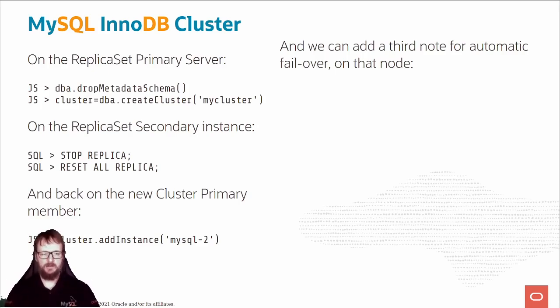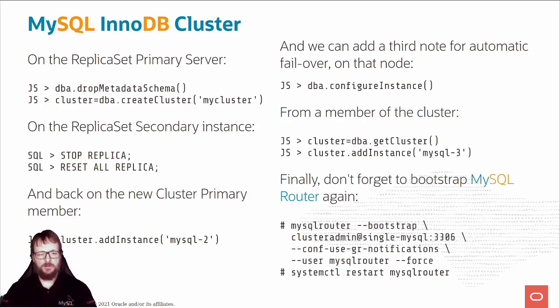And then on the primary node, where we have the cluster object we created, we add the previous instance. We do add instance MySQL 2, and it's added. And now on the third machine, a new machine we just installed, we do configure instance, get cluster again on one of the machines where we have the cluster, and just add that instance. And it will do everything automatically for you like magic, and it's perfect.